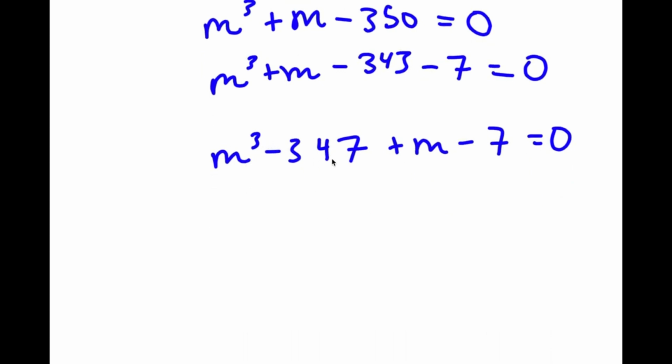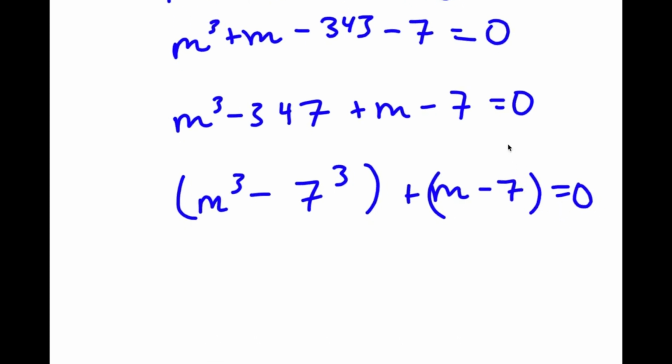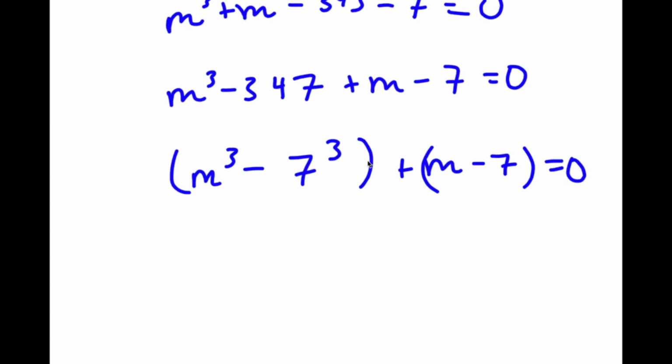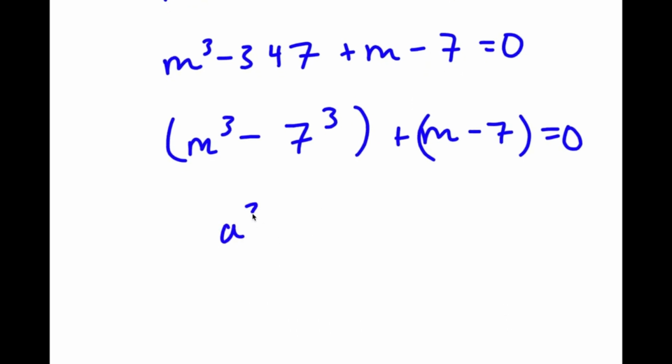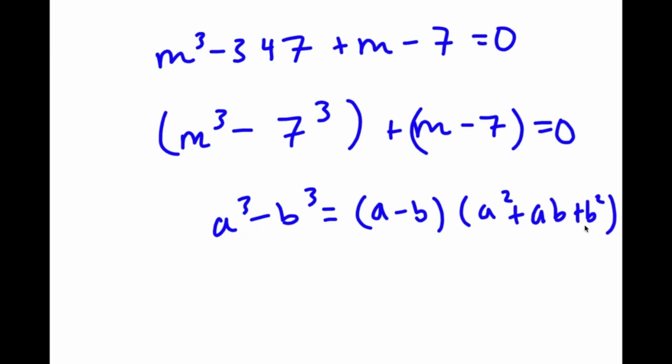Well, m to the power of 3 minus 343 is the same thing as m to the power of 3 minus 7 to the power of 3. And I have this plus m minus 7. Now, if I have something in the form a to the power of 3 minus b to the power of 3, this is the same thing as a minus b times a squared plus ab plus b squared.